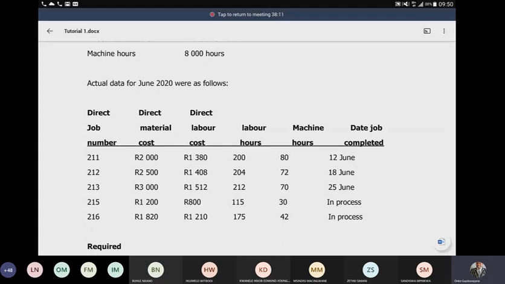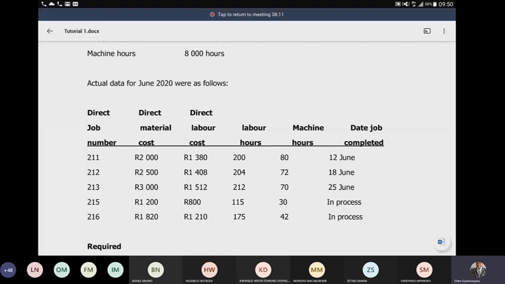So these are the jobs that we're looking at: job number 211, 212, and 213. We've got 2,000 rands, 2,500, and 3,000 as the material cost. All right, sorry. Then we move on.